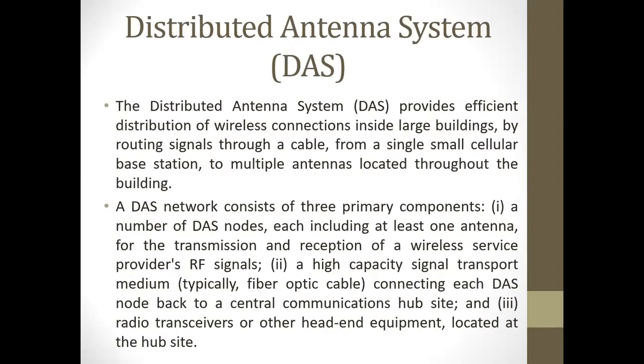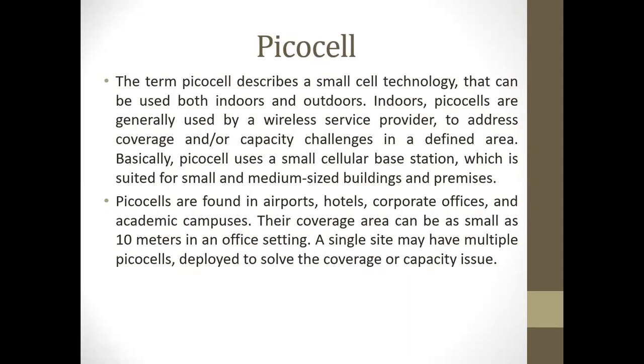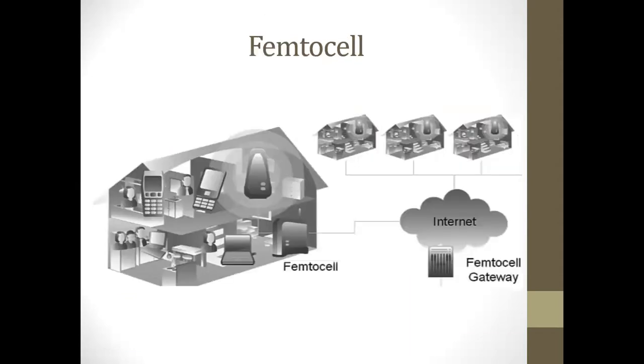Another solution for buildings: why do you need a femtocell in the building? Normally we have coverage in buildings, right? But in the case of large commercial buildings, you may not have a good signal level deep inside the building.